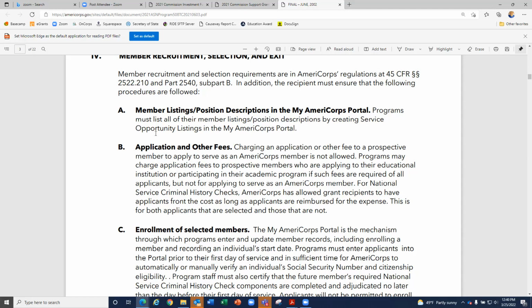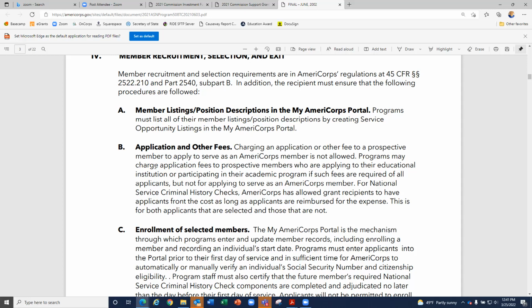It also details in here that you cannot charge applicants who are applying to become Americorps members any application fees. You can't ask them to pay for criminal history checks unless you plan to reimburse them. And you have a process of recruiting and selecting Americorps members, but until they're actually enrolled through the eGrants system, their Americorps experience has not officially started.